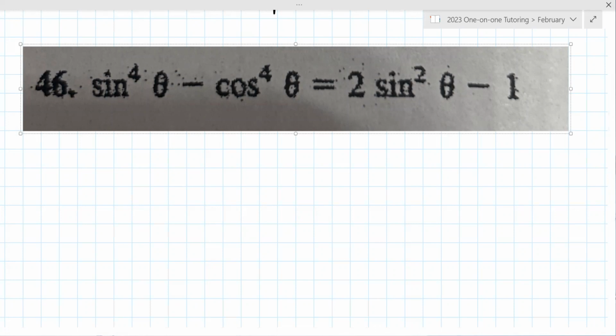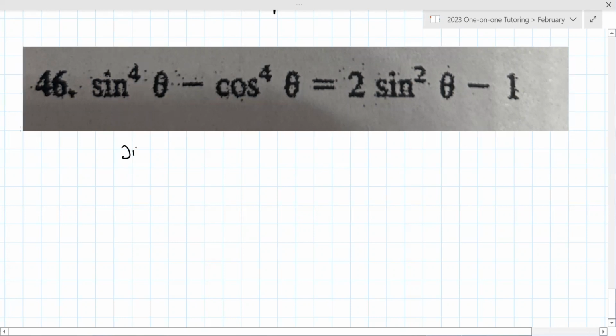All right, so look at this one. Which side is more complicated or complex? Probably the left side. Yeah, so the powers kind of give it away here. Higher degree powers are usually the side you're going to work on. So believe it or not, the left side is a difference of squares.